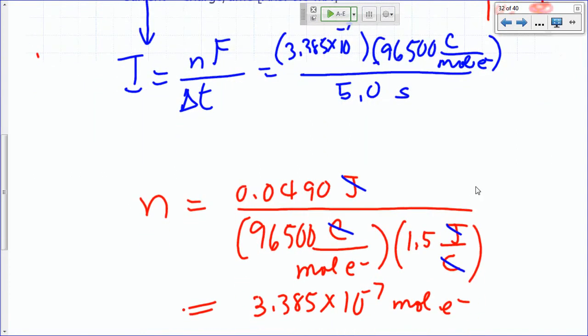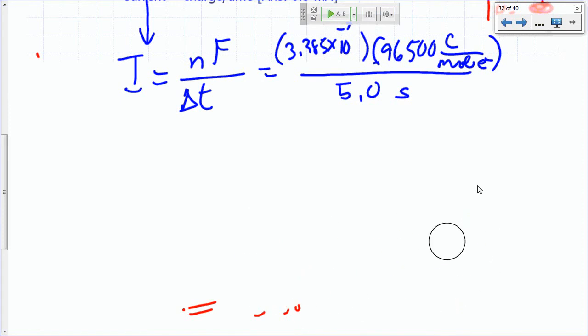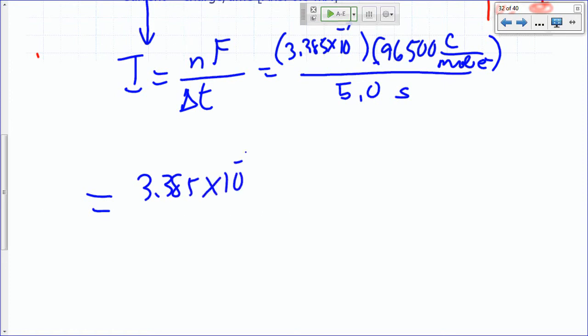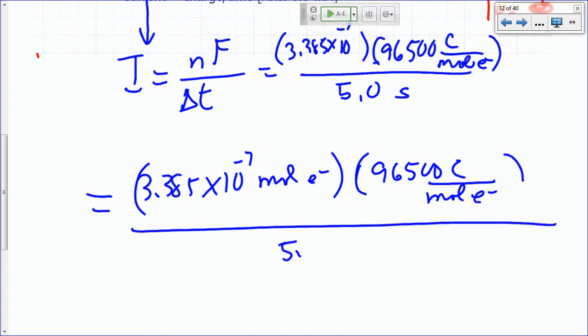I need some room. Let me redo this. So our current is 3.385 times 10 to the negative 7 moles of electrons multiplied by 96,500 coulombs per mole of electrons, divided by 5 seconds.